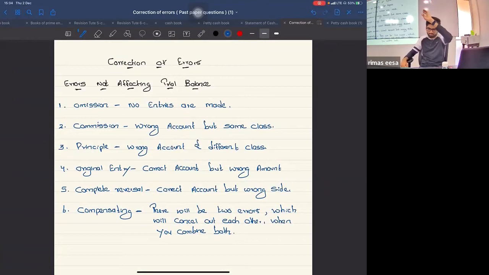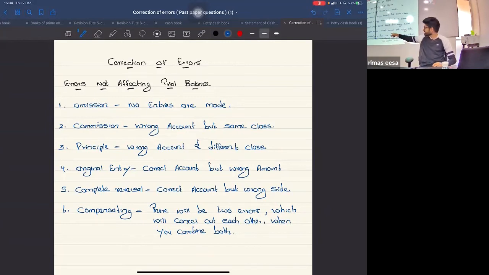Okay, original entry. Original entry means correct account, but the amount is wrong. So if the amount is wrong, you need to remember the name of the error: original entry. Complete reversal: the account is correct, but the sides are interchanged. Wrong sides.